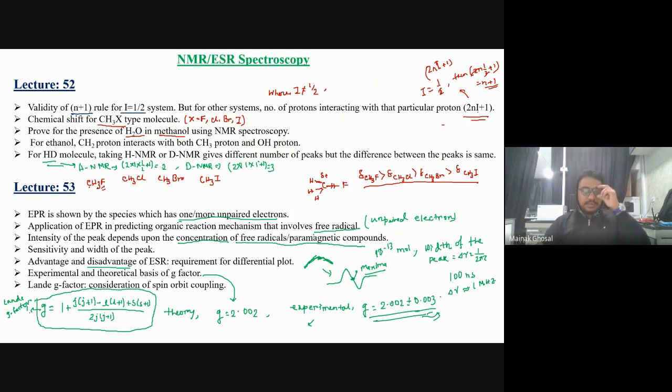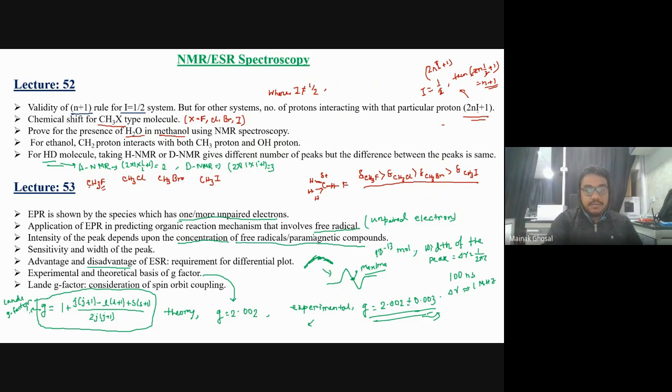Okay, so this G is actually called the Landé G factor. This is the discussion of lecture number 53, where Professor Sanbakshi has discussed the Landé G factor.